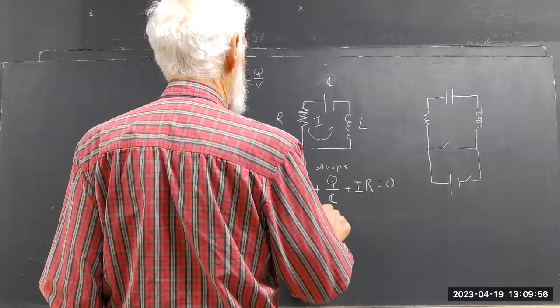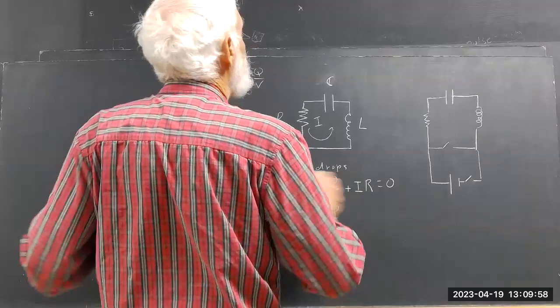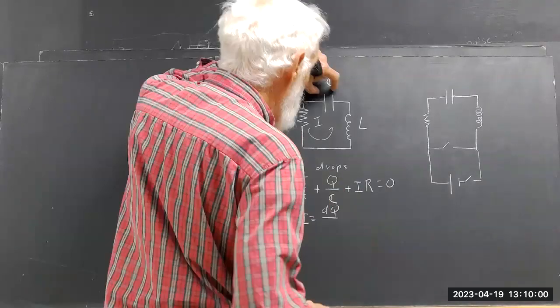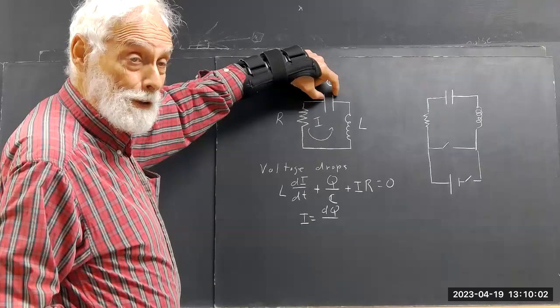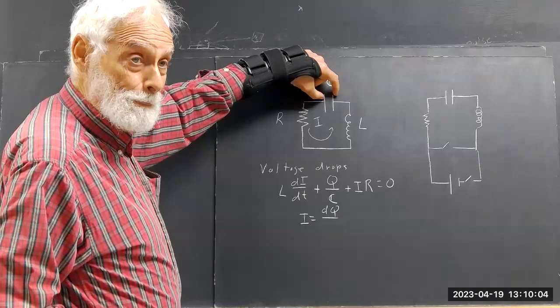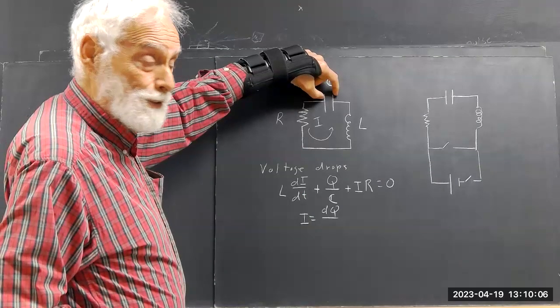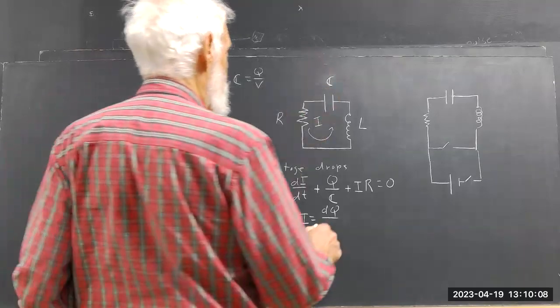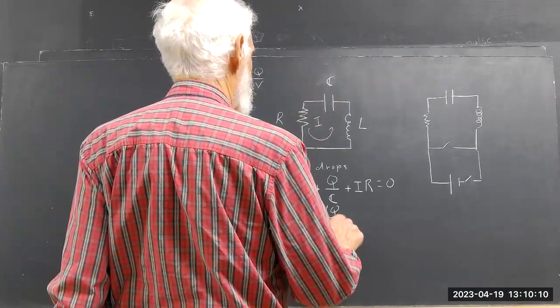It's the rate of whatever the current is, it's changing the charge on the capacitor, right? And the rate of change is just the current. So I is dQ/dt.